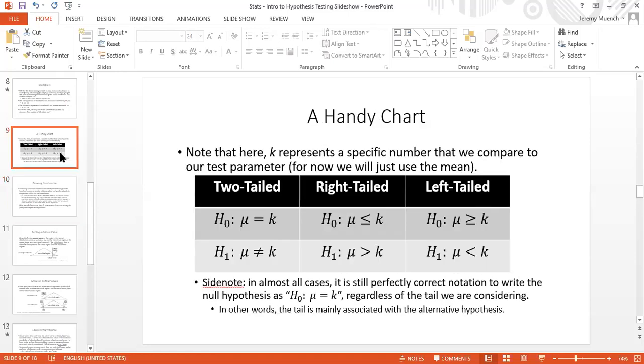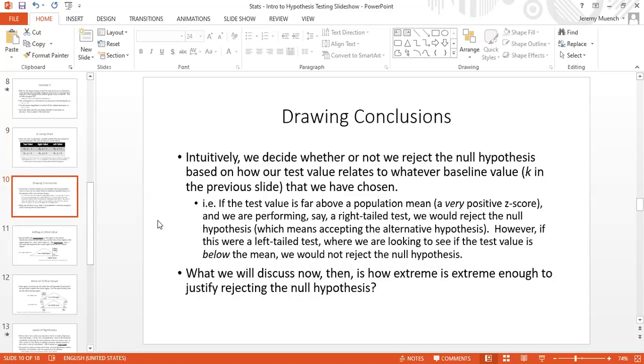Let's say we're doing a left-tailed test. If our test values are significantly below our baseline value, then that might be something where we reject the null hypothesis because evidence is suggesting it's wrong. Here, for example, I instead show a right-tailed test.